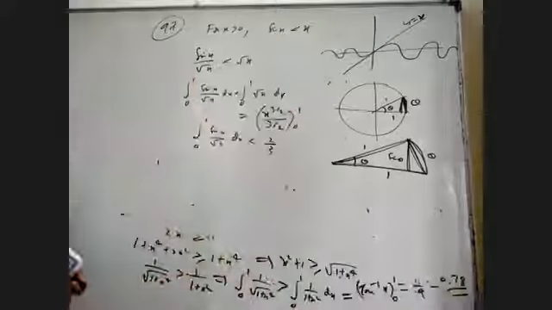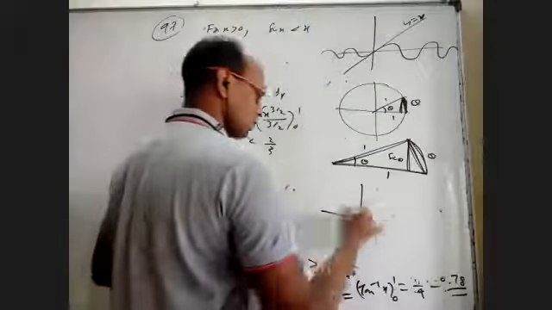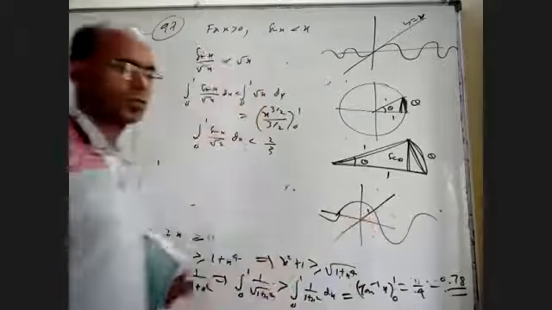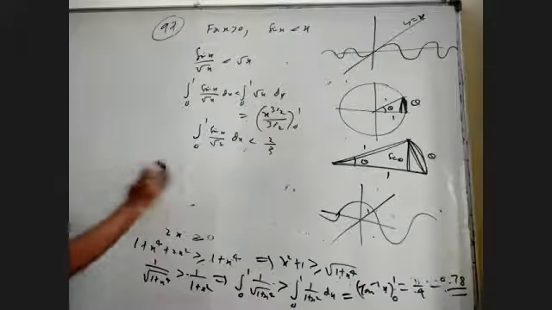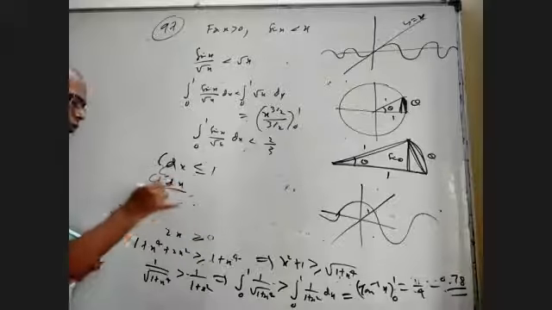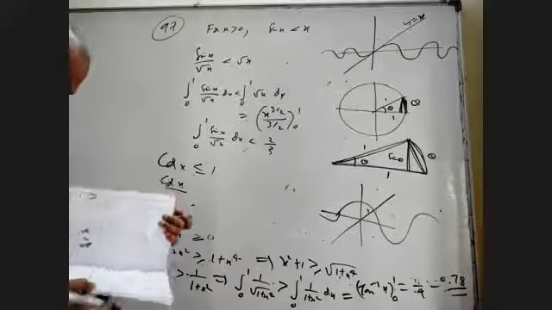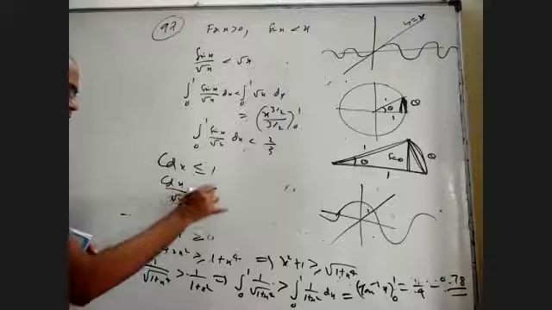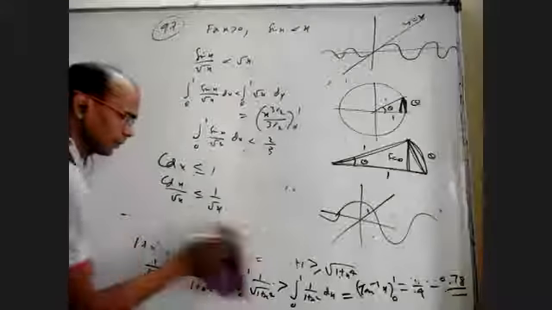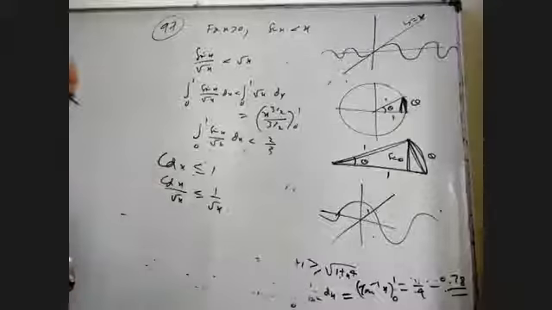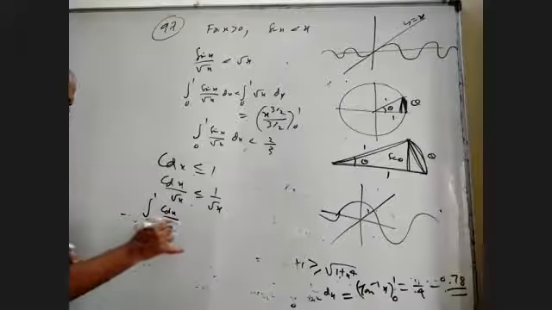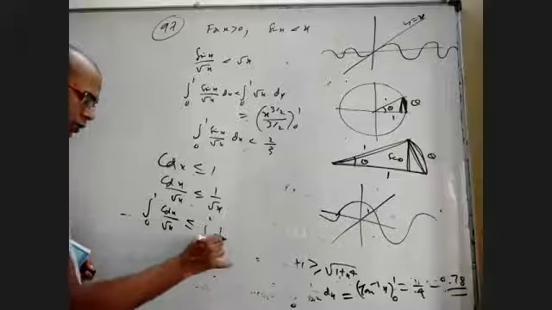Regarding cos x, we cannot say it is more than x or less than x, because the cos x graph is like this and y equal to x is like this. So sometimes it is above, sometimes below. But a simple thing we know is cos x is less than or equal to 1. So cos x by root x is less than or equal to 1 by root x. I can integrate from 0 to 1. So integral 0 to 1 cos x by root x is less than or equal to integral 0 to 1 of 1 by root x.